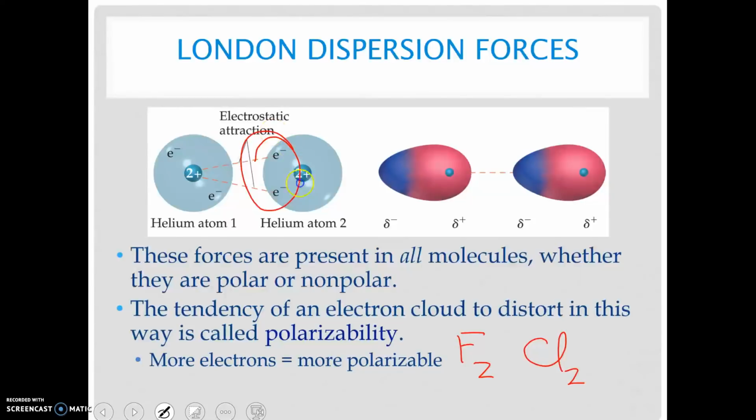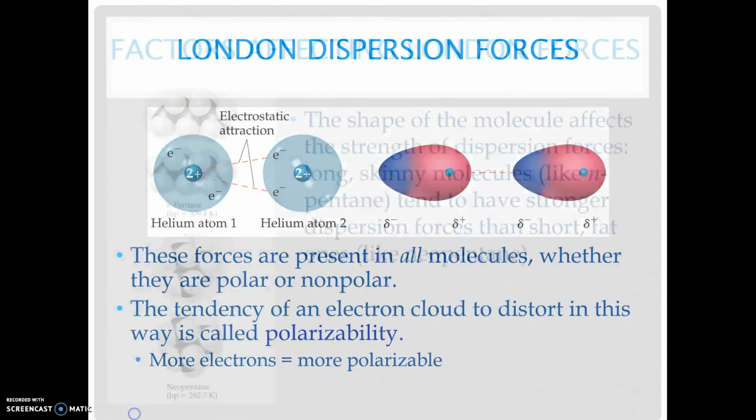It has more electrons that could be distorted and pushed off to one side. Because it's more polarizable, it's going to have more London dispersion forces, so it's going to have a greater boiling point. The London dispersion forces are going to be stronger.